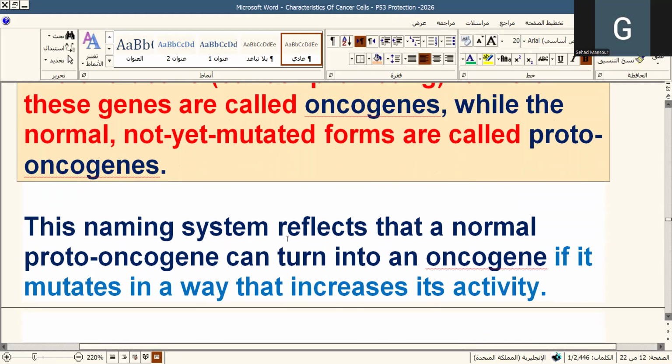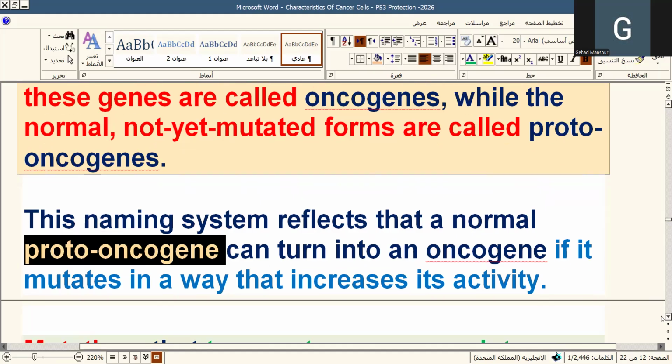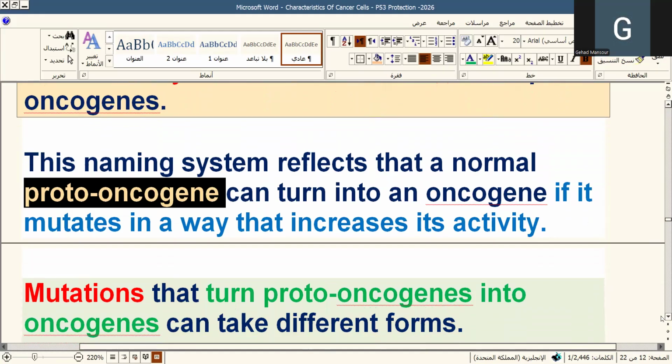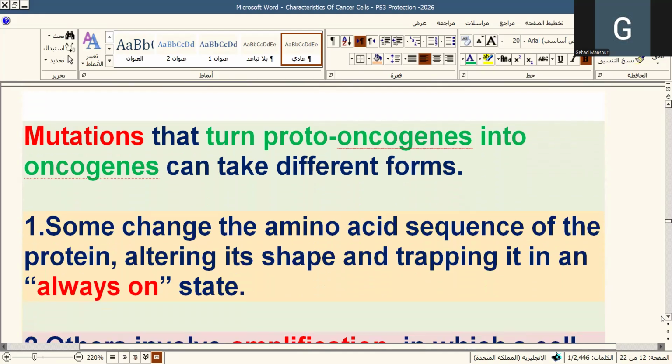The naming system reflects the ability of the gene to cause cancer or not. So an oncogene is the mutated one because it will cause cancer, and the proto-oncogene is a normal one, but one that is liable to be mutated, in which case it would have an overactivity, or it would be overexpressed and would result in cancer.